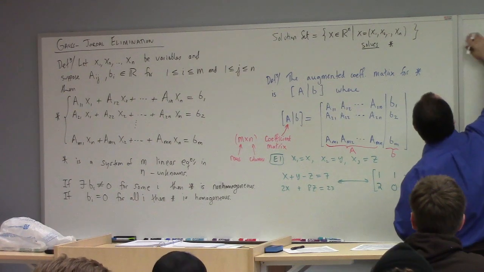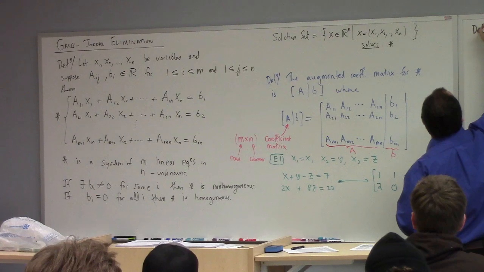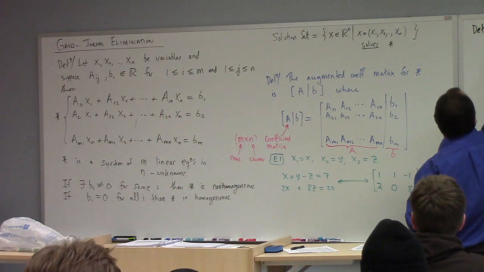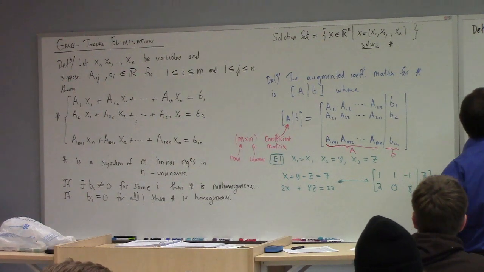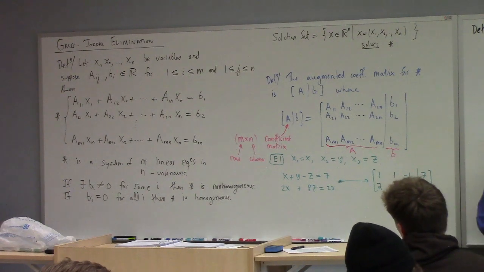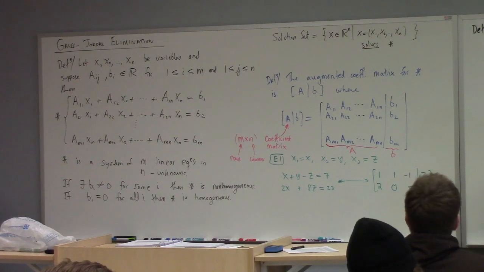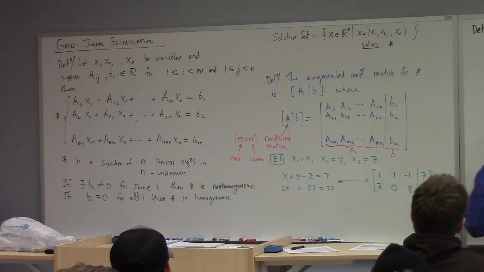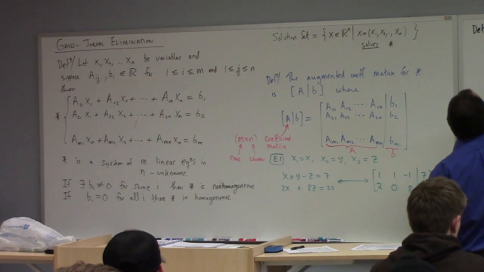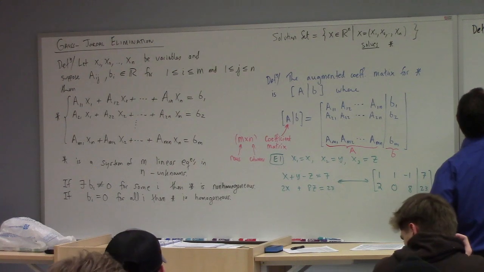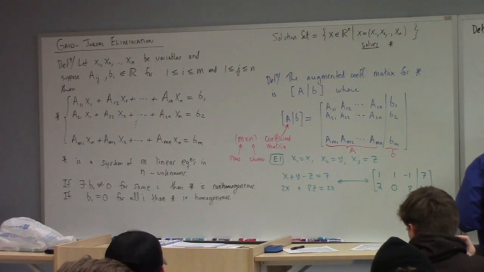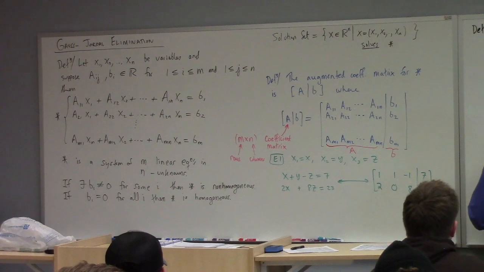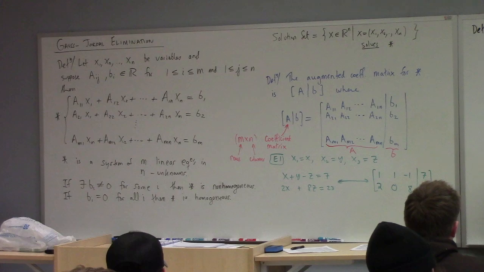It's random. So definition: star and star star are equivalent systems if they have the same solution set, right?